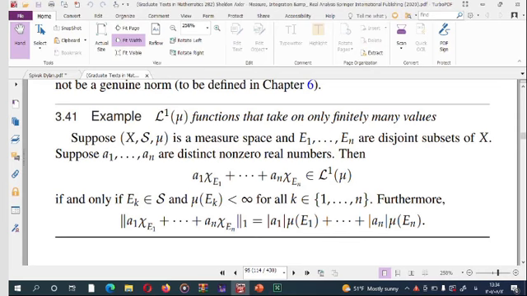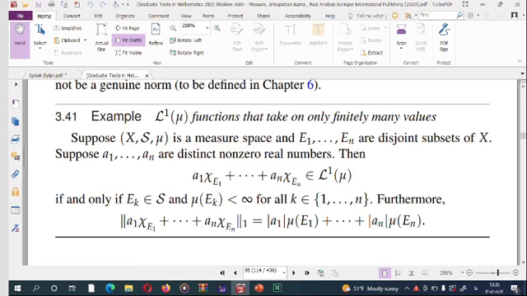Suppose (x, S, mu) is a measure space and E1, E2, up to En are disjoint subsets of x. Suppose A1, A2 up to An are distinct non-zero real numbers.